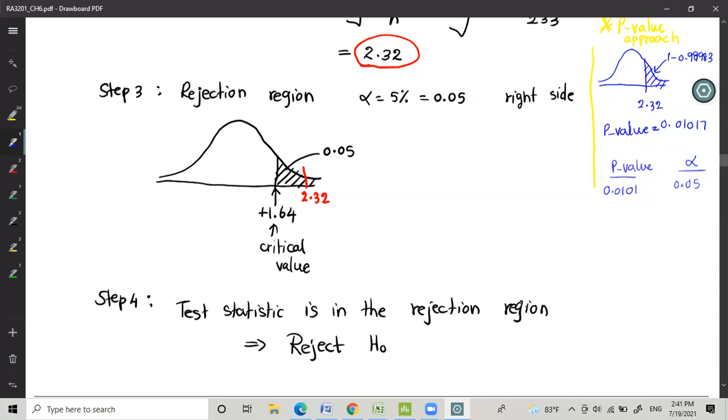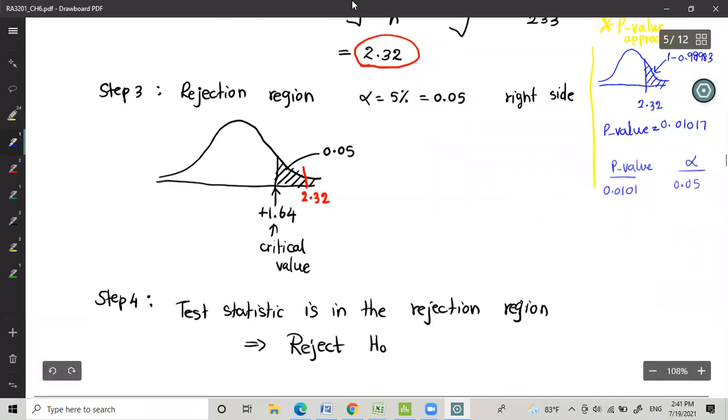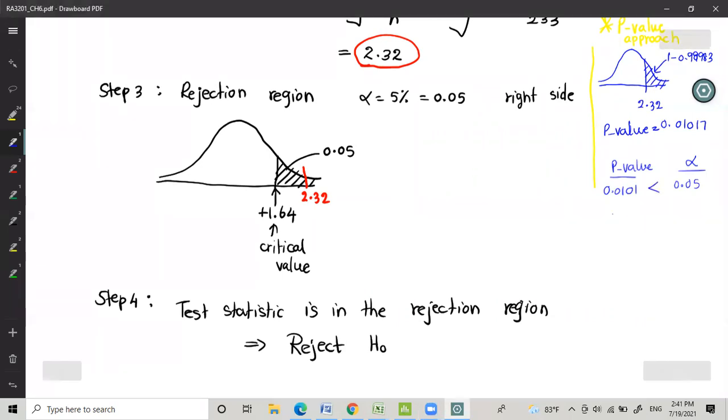What is the sign you put? Yes, you see it is less than, right? So what is the rule? If the p-value is less than alpha, you reject H0. That is the rule.